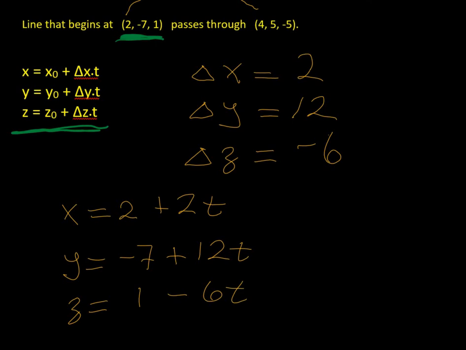And this, my students, would be the set of parametric equations to represent that line from (2, -7, 1) moving forward.